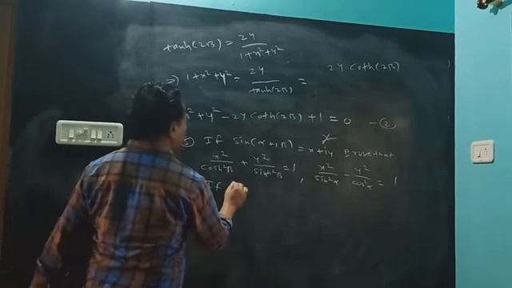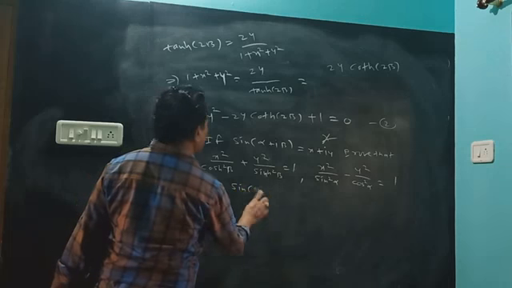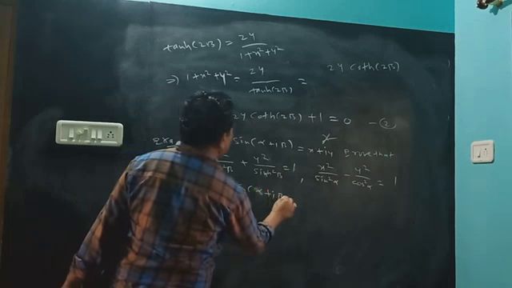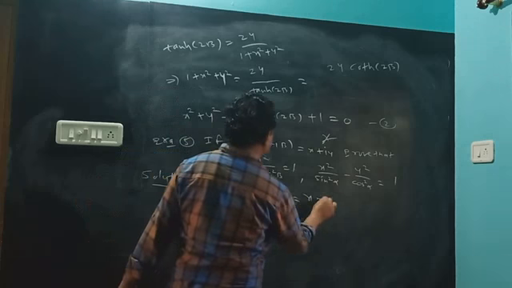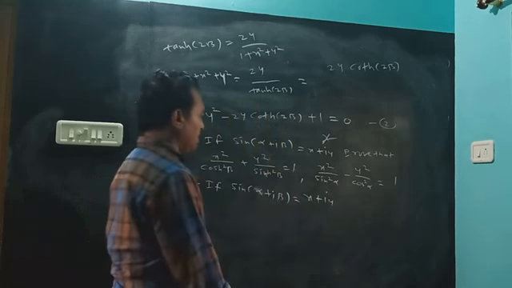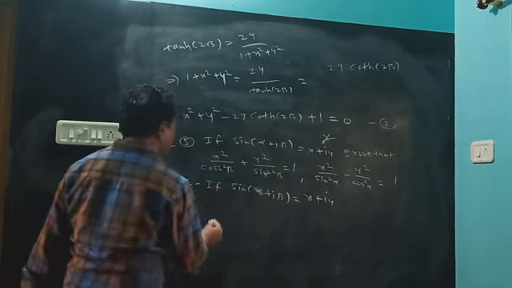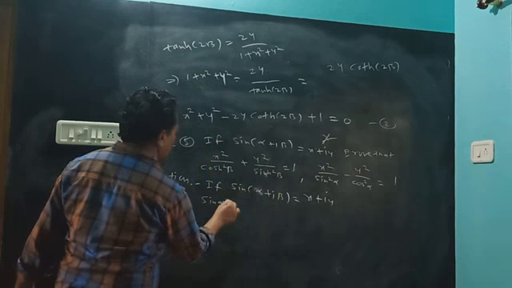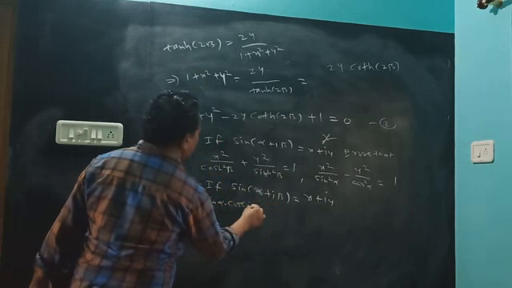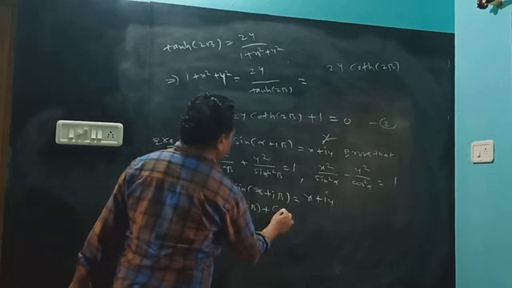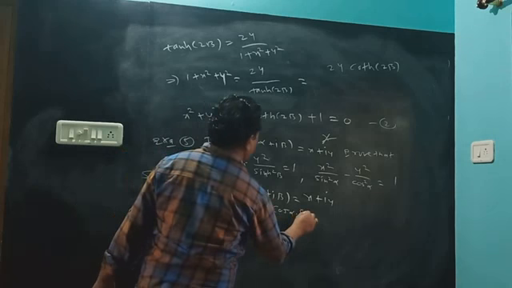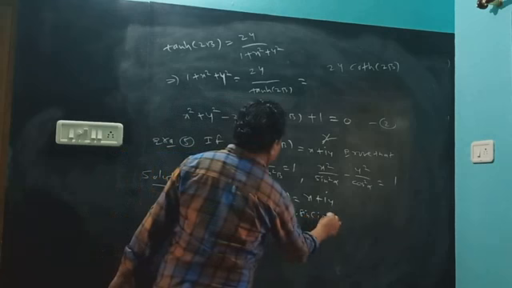So given to you, sin of alpha plus i beta equals x plus iy. Sin a plus b formula: sin a cos b plus cos a sin b.